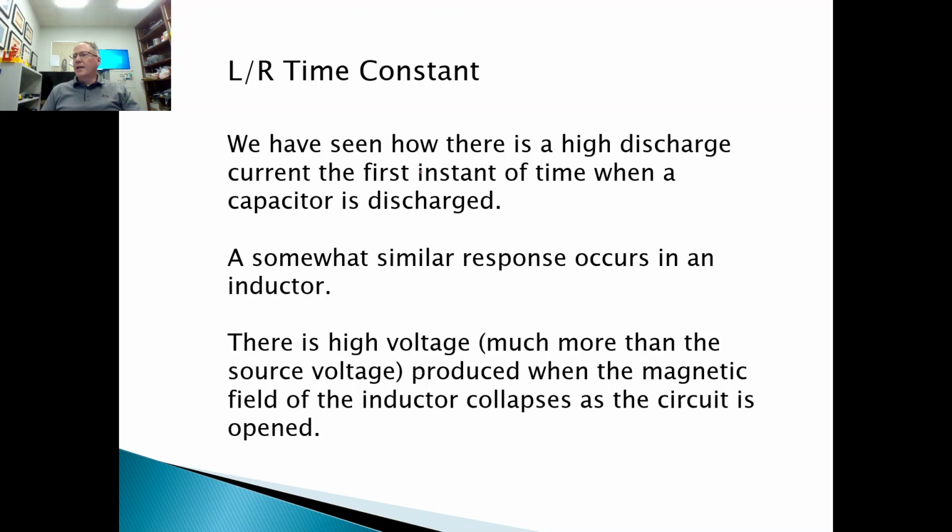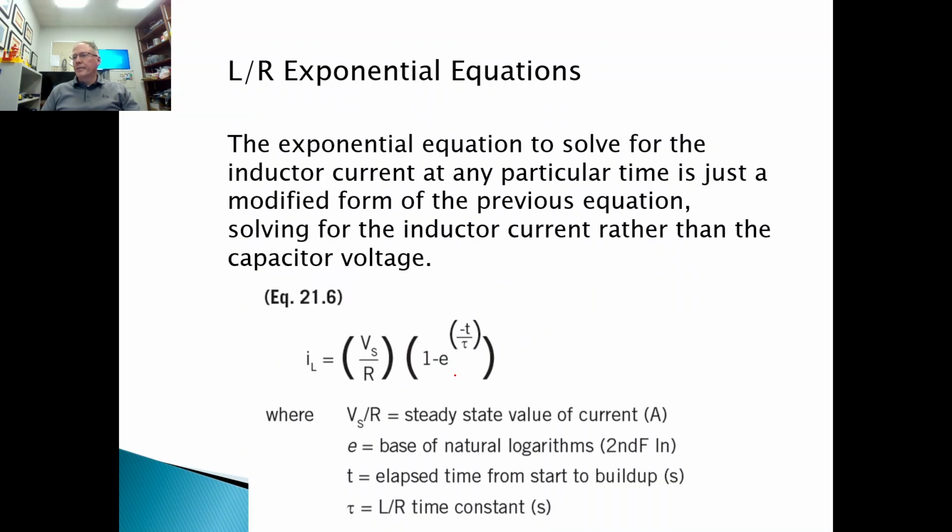Now you've seen how there is a high discharge current the first instant of time when a capacitor is discharged. There's a somewhat similar response in an inductor. There's a high voltage, much more than the source voltage, produced when the magnetic field of the inductor collapses as the circuit is opened.